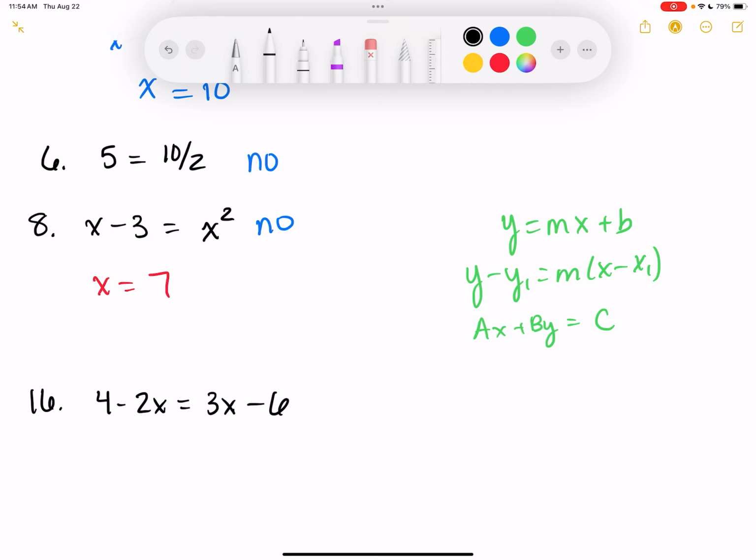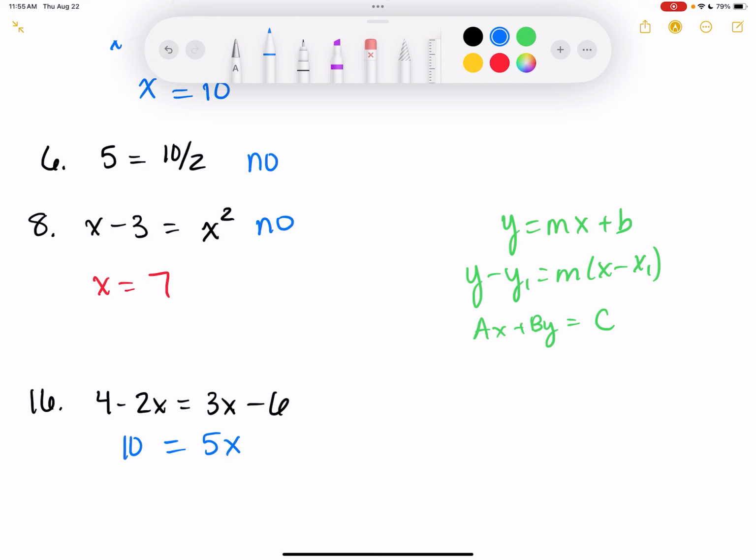Get the x on one side, and add 6 to the side where the 4 is, and then add 2x to the side where the 3x is. Like that?